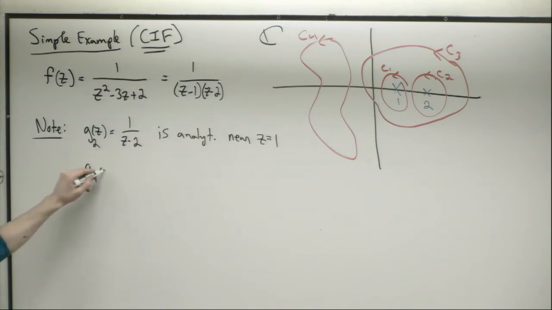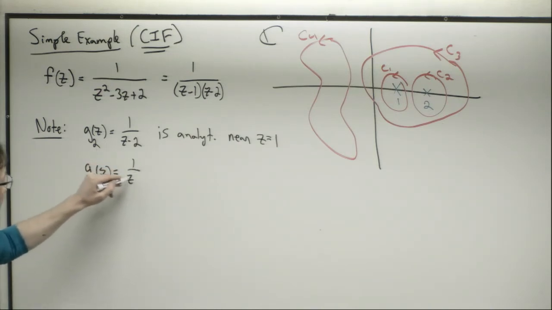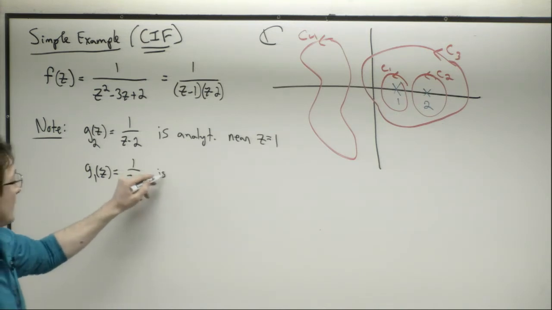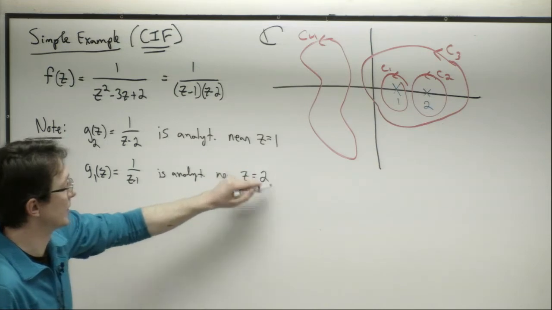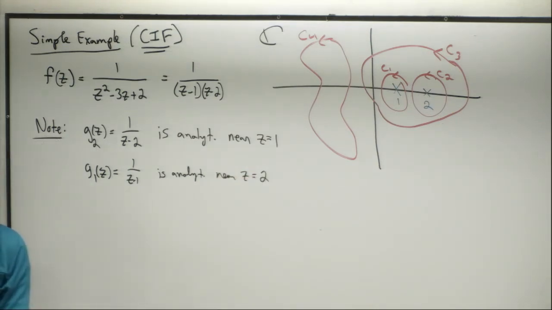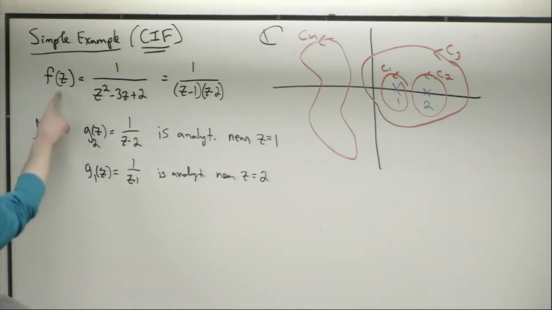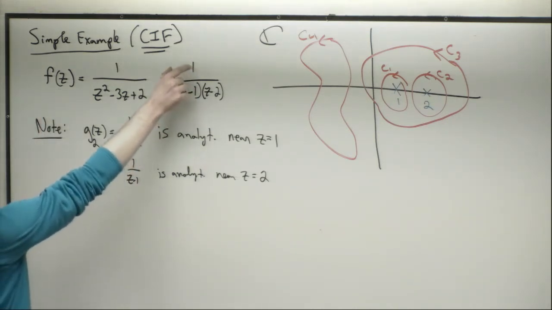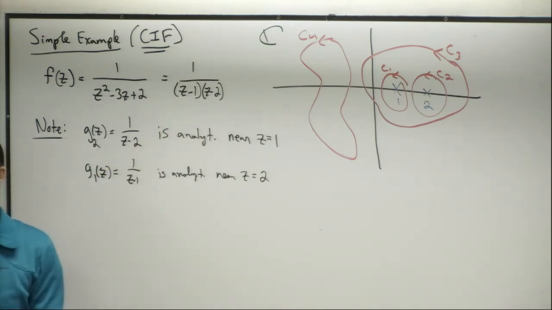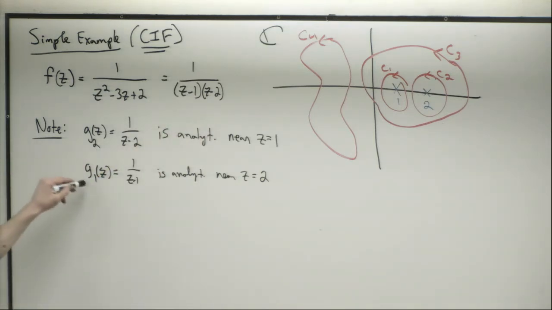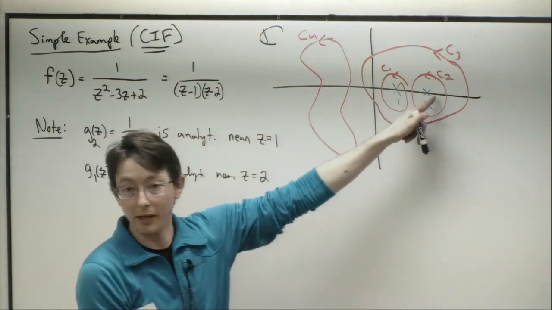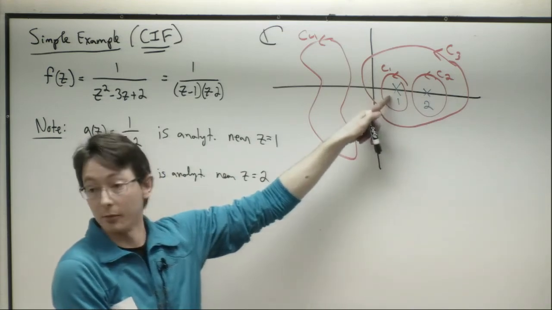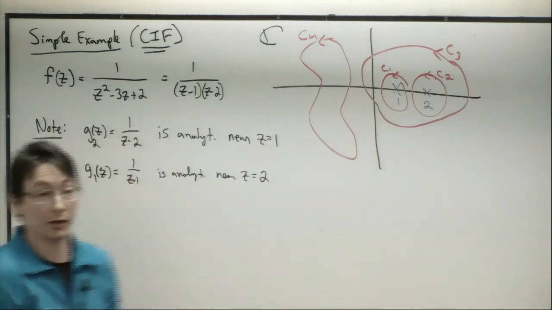And our other function G1, which is just 1 over z minus 1, is analytic near z equals 2. So I'm decomposing my function into G1 times G2. And G1 is analytic near my second pole, and my second function is analytic near my first pole. Okay, which means I can apply Cauchy integral formula.